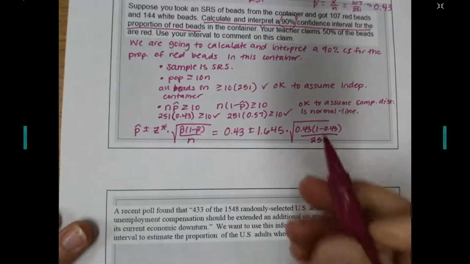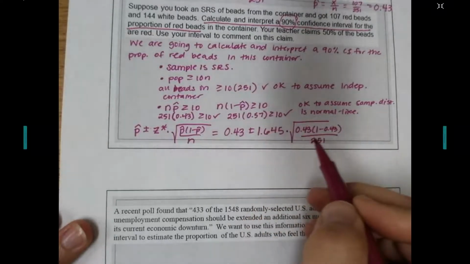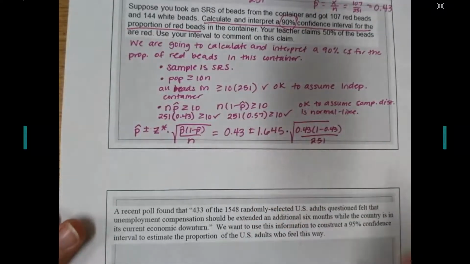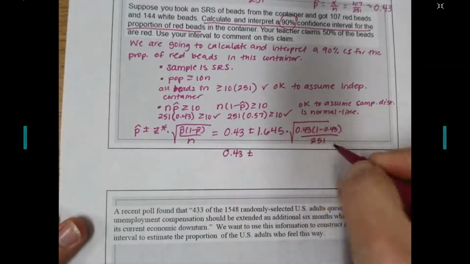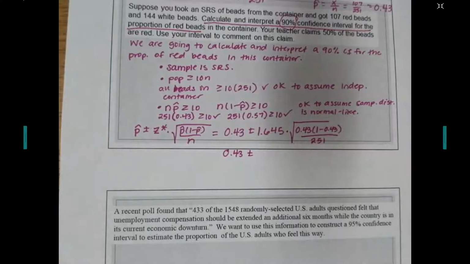All right, what I want to do at this point is crunch out the margin of error. Remember, the margin of error is everything after the plus or minus. So I have this point estimate of 0.43, but then I need to see what this is. Let's see, we got 0.43 times 0.57, that's 1 minus 0.43, divided by 251. Then the square root of that, and then times 1.645.